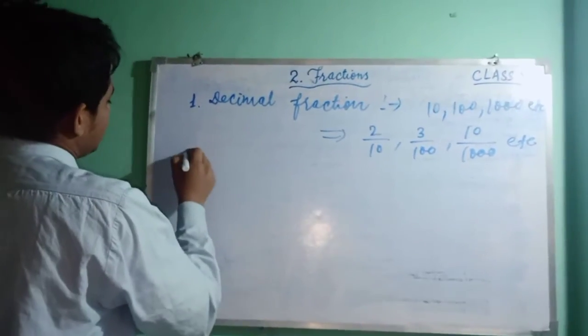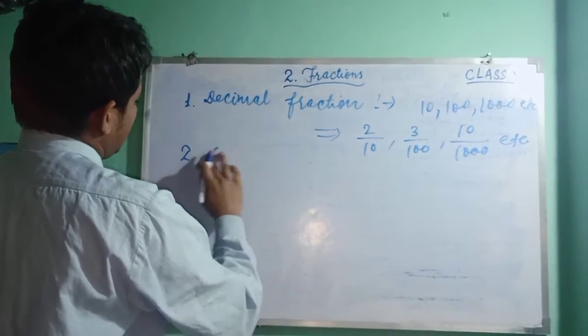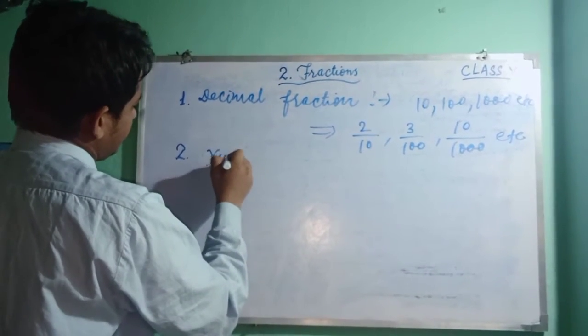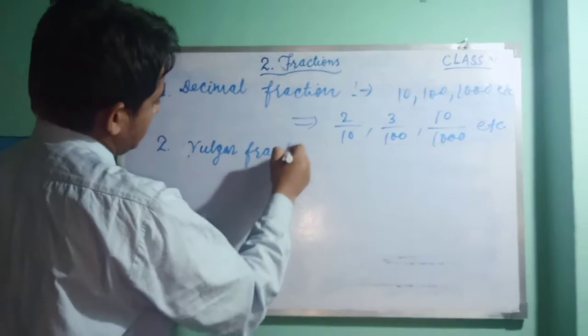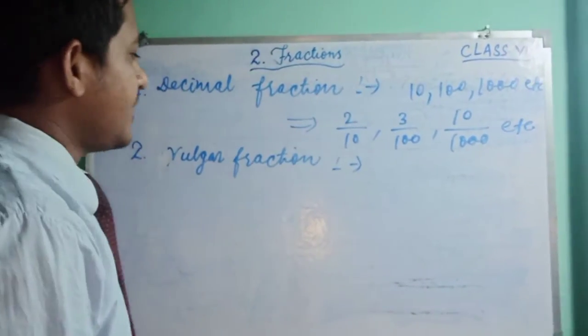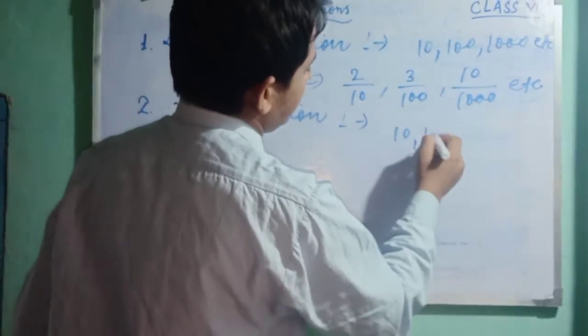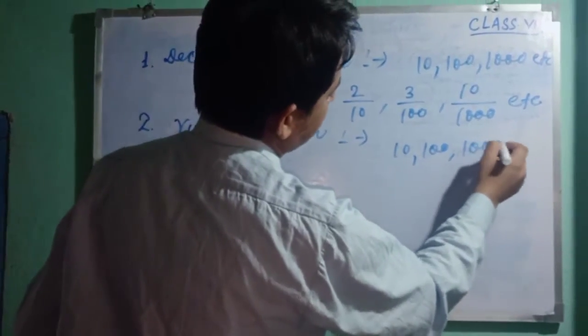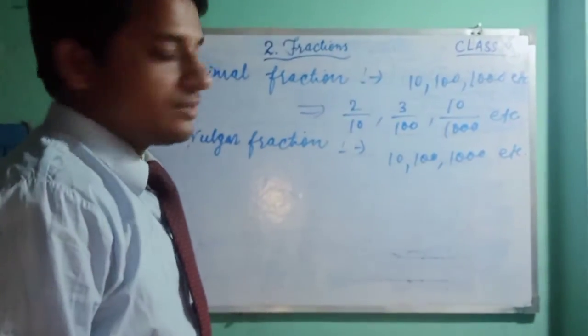Okay. Now next, second, vulgar fraction. What about vulgar fraction? A fraction having a denominator other than 10, 100, 1000, etc. is called a vulgar fraction.